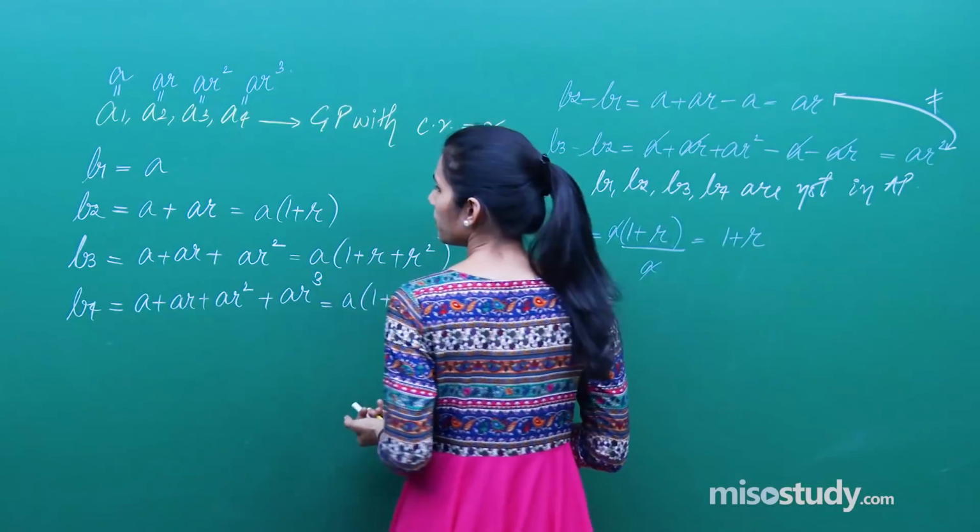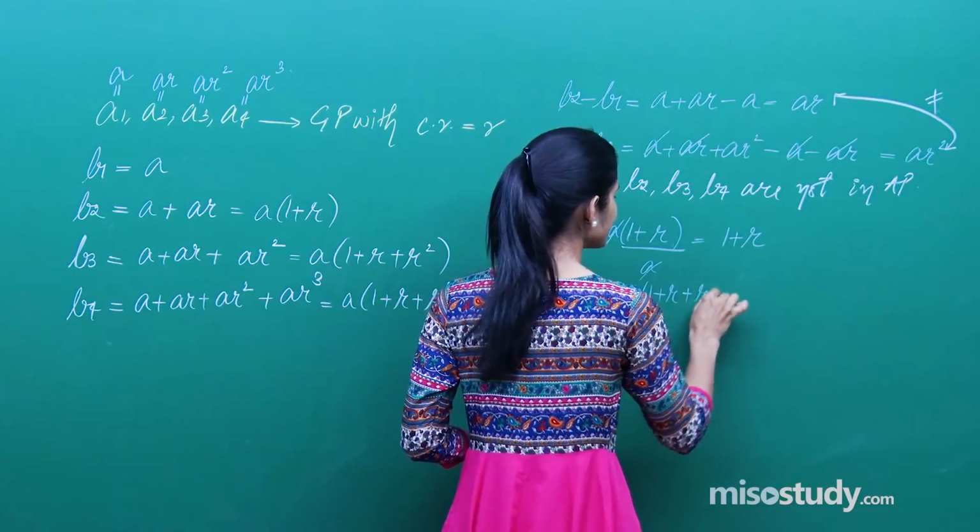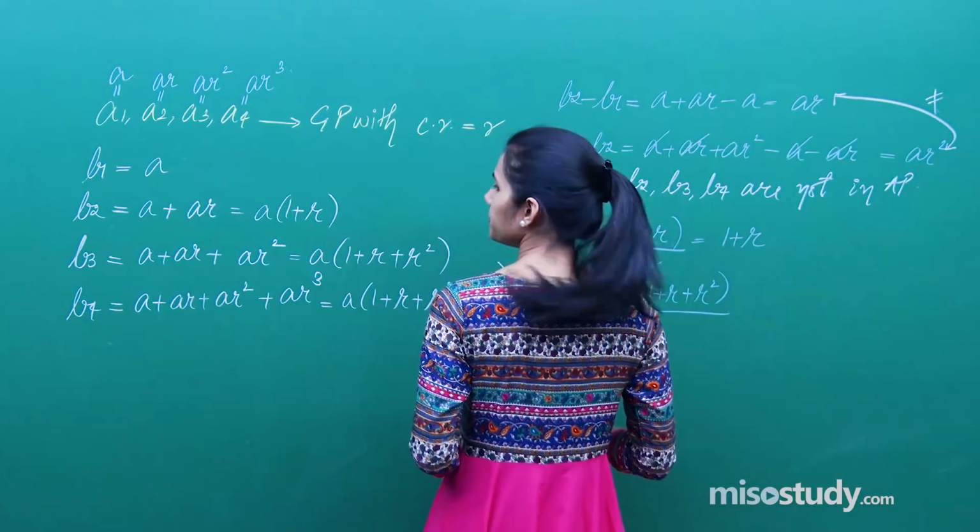So let's check B3 upon B2. B3 is A times 1 plus R square, and B2 is what?